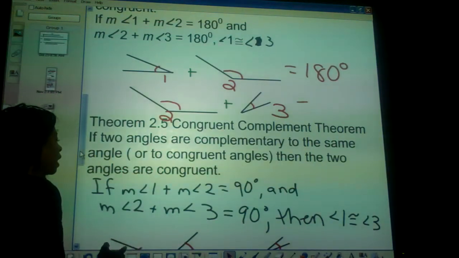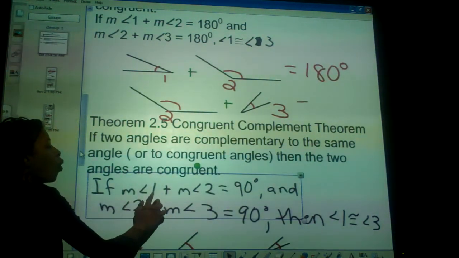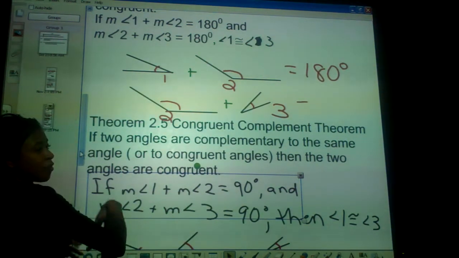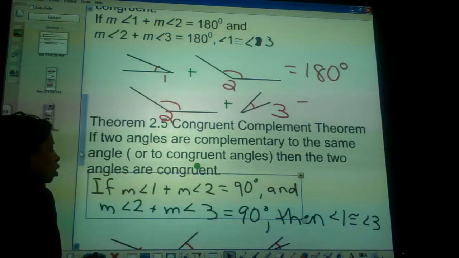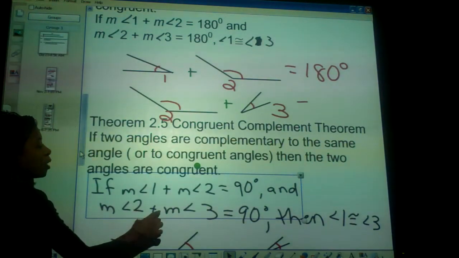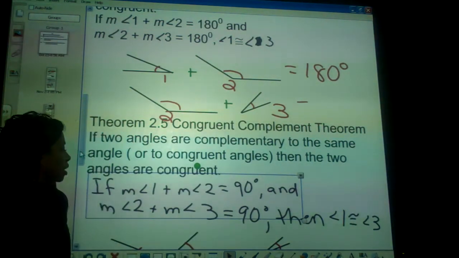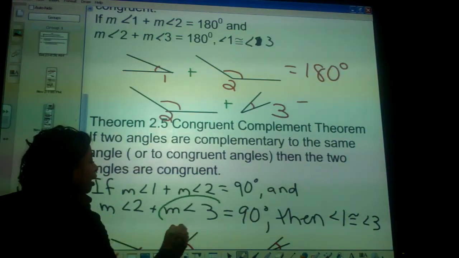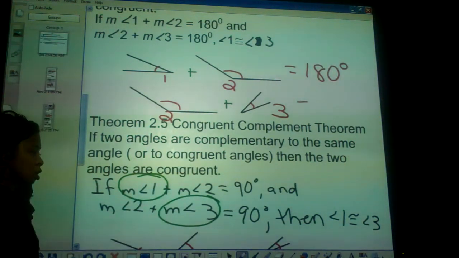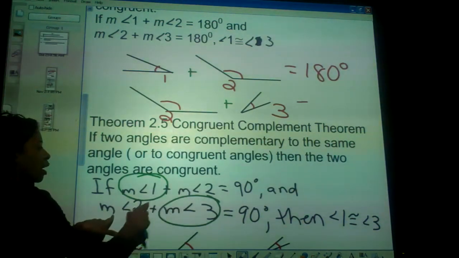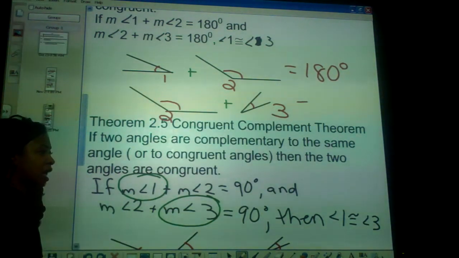What do you mean? If the measure of angle 1 plus the measure of angle 2, whatever they are, is equal to 90 degrees, and I also know that the measure of angle 2 plus the measure of angle 3 is 90 degrees, I know that angles 1 and 3 are congruent to one another, because the measure of angle 2 will remain the same.